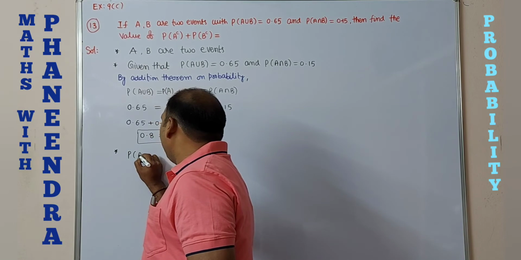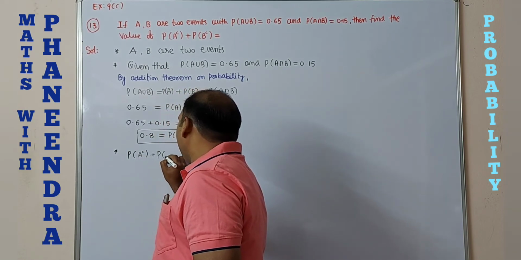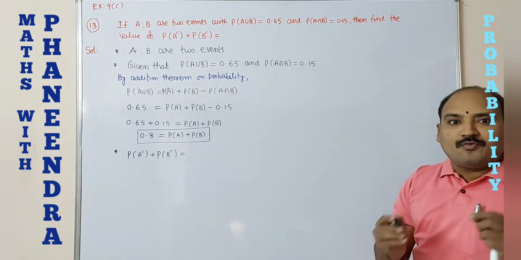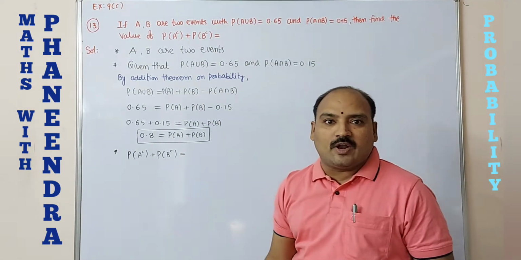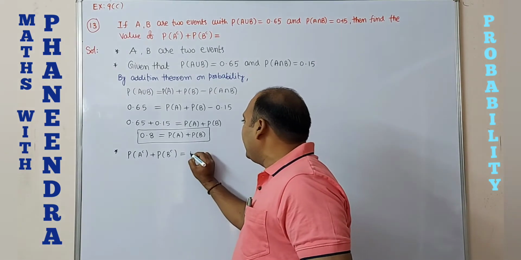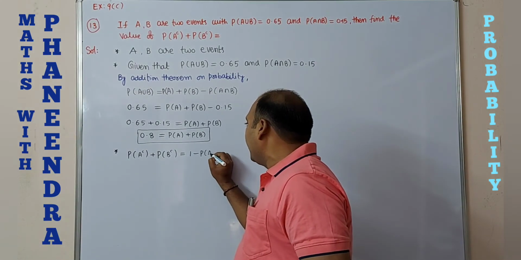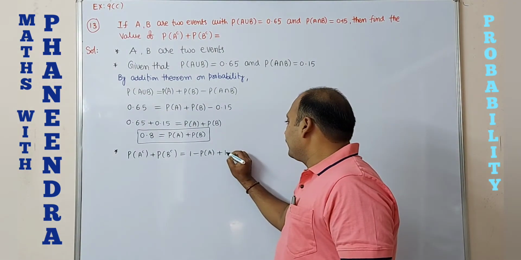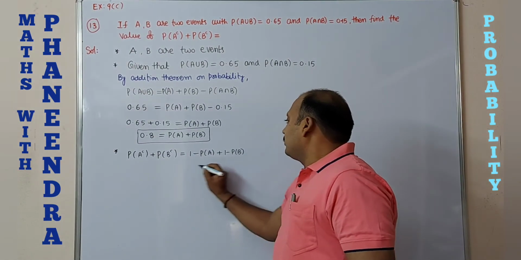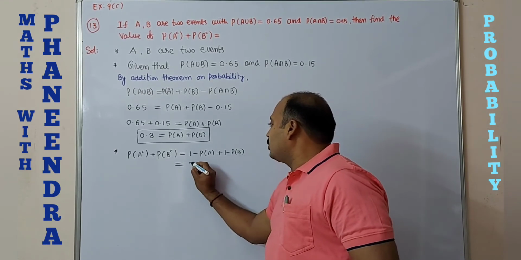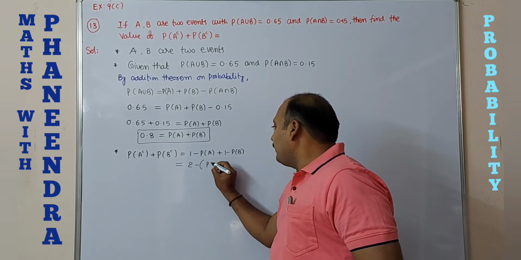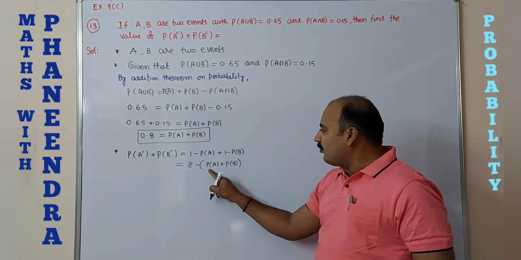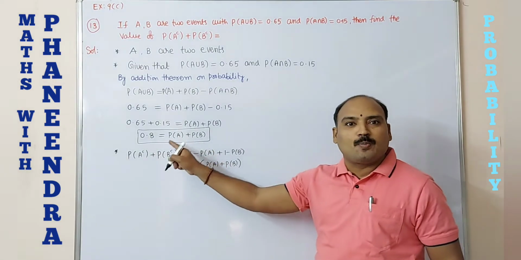P of A complement plus P of B complement equal to? We know that P of A plus P of A complement is equal to 1. From that, P of A complement can be written as 1 minus P of A. P of B complement is 1 minus P of B. So which is equal to 1 plus 1, 2 minus, take common, P of A plus P of B. We know the value of P of A plus P of B from here, now 0.8.